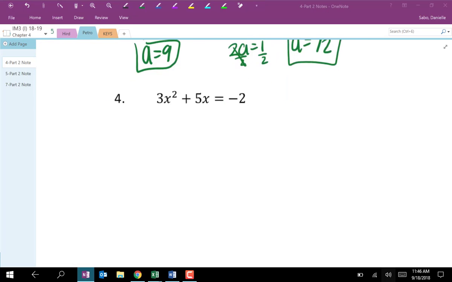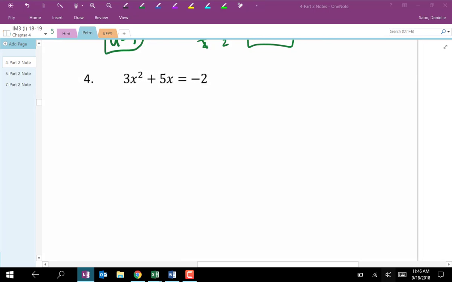Okay. Number 4. So it looks different, right? Yes. It's the only one that's not equal to 0, but we can make it equal to 0. So the only new step in this one is making sure that everything's on the left side. Okay, so all I'm going to do is move that 2 over, and it has nothing to add to, so you're just going to rewrite it. 3x squared plus 5x plus 2 is equal to 0.